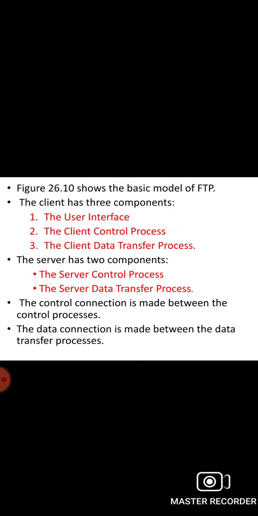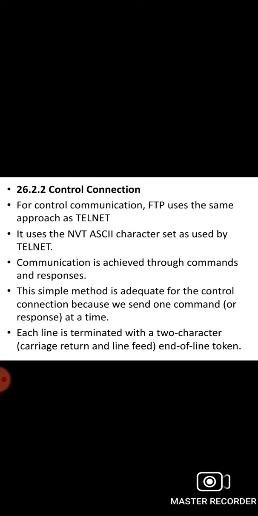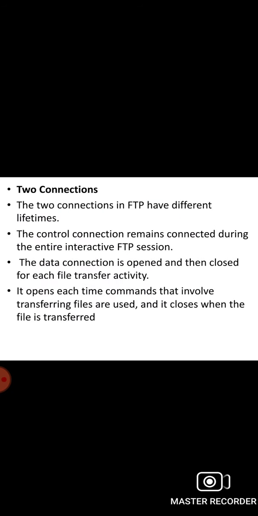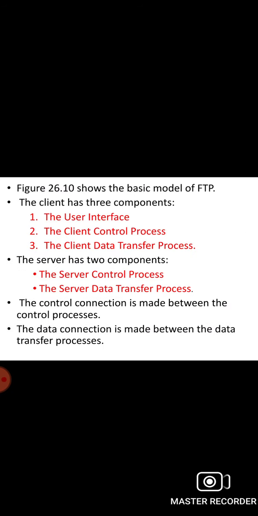Now let's see how FTP uses the same approach as SMTP to communicate across the control connection. It uses 7-bit ASCII characters, and this communication is achieved through commands and responses.